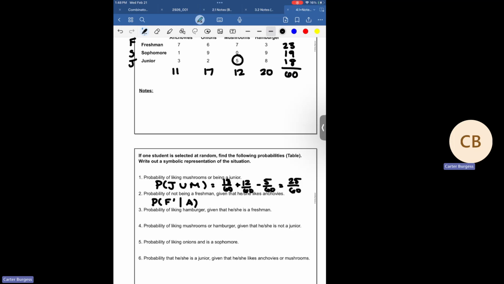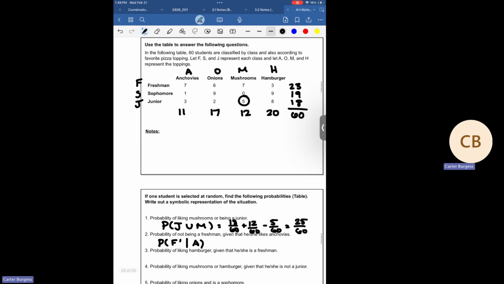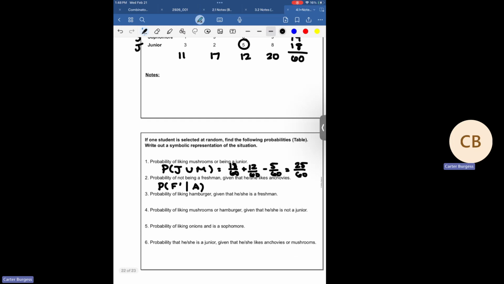So the only people that we are going to be pulling from are ones that satisfy that second condition. Of all of the people here, how many of them satisfy the assumption that this person is going to like anchovies? That 11 of them are going to fit that bill. And of those 11 people, how many of them are freshmen? 7 of the 11 are freshmen.